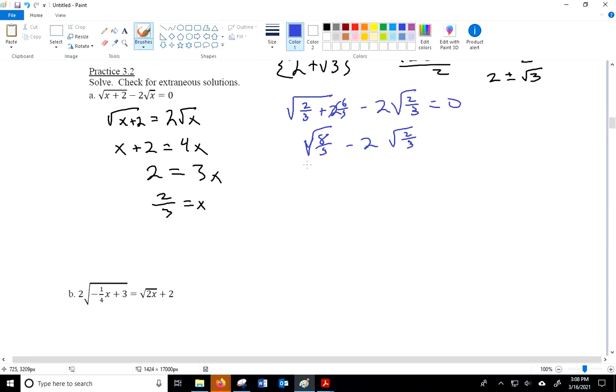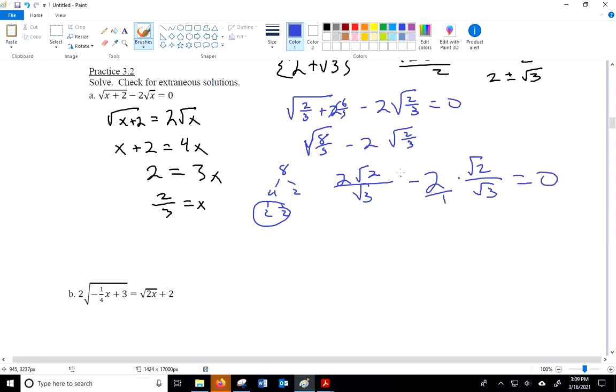Well, 8 is 4 times 2, which is 2 times 2. So I can pull a 2 out of the top and make this 2 root 2 over the square root of 3. Remember, when we square root a fraction, square root the top, square root the bottom. Likewise, over here, I've got minus 2 times, we'll split this one up as well, square root the top, square root the bottom. And you can see that this is 2 over 1, so these definitely do equal 0.